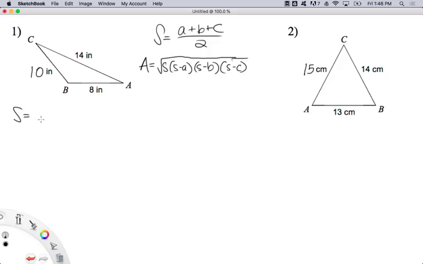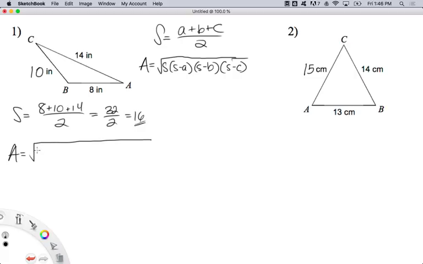So for number 1, what does that look like? Well, S equals 8 plus 10 plus 14 over 2, which is 32 over 2, which is 16. Once I've got S, I can plug it into my formula for area, which is 16 times 16 minus 8 times 16 minus 10 times 16 minus 14.